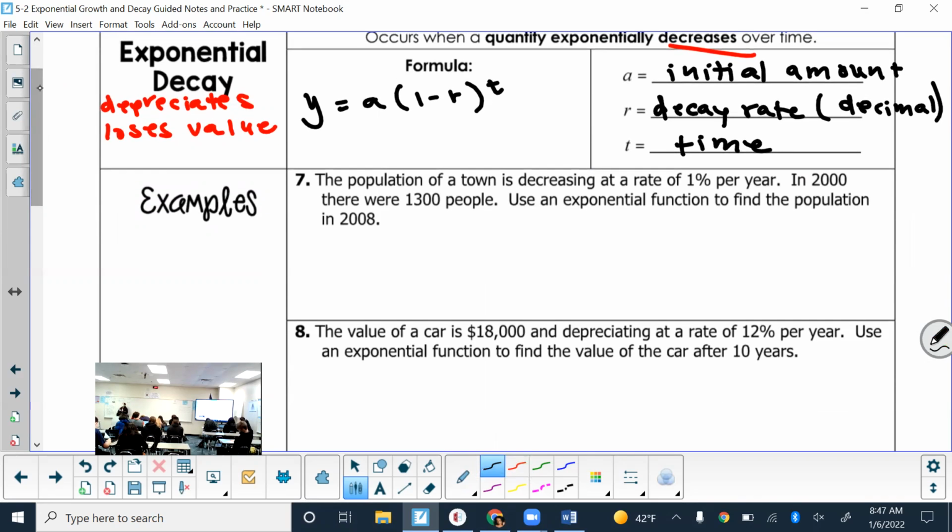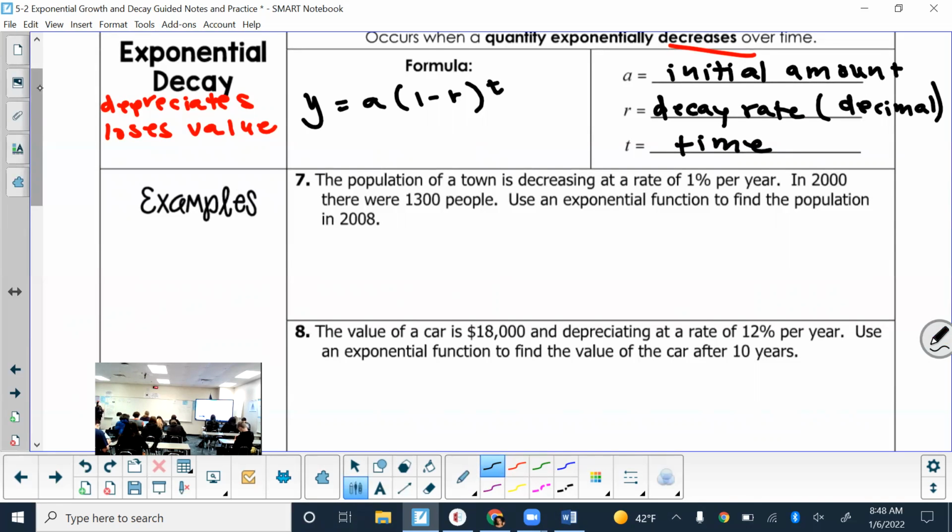All right, so we'll do one together probably, and then you'll do one on your own. So first, we have the population of a town is decreasing at a rate of 1% per year. In 2000, so like the year 2000, there were 1,300 people. Use an exponential function to find the population in 2008.